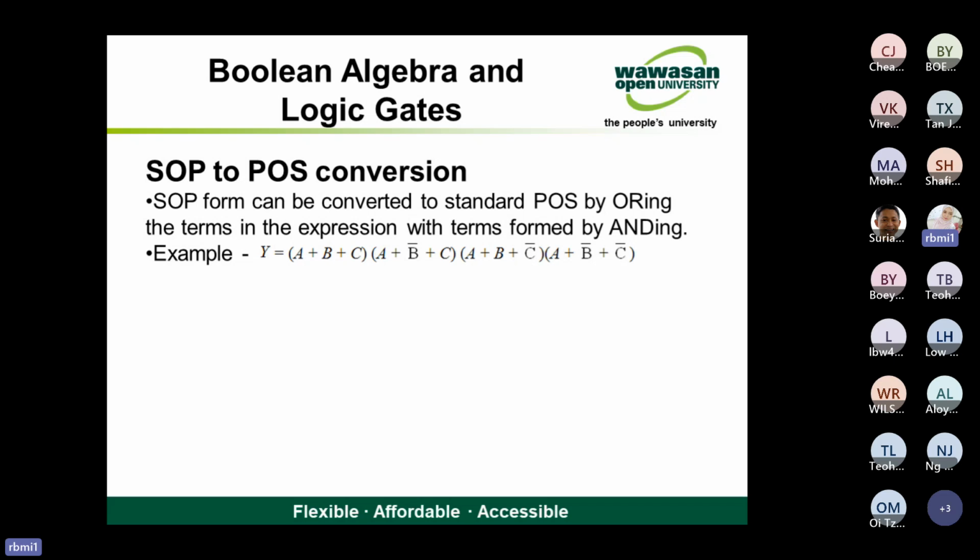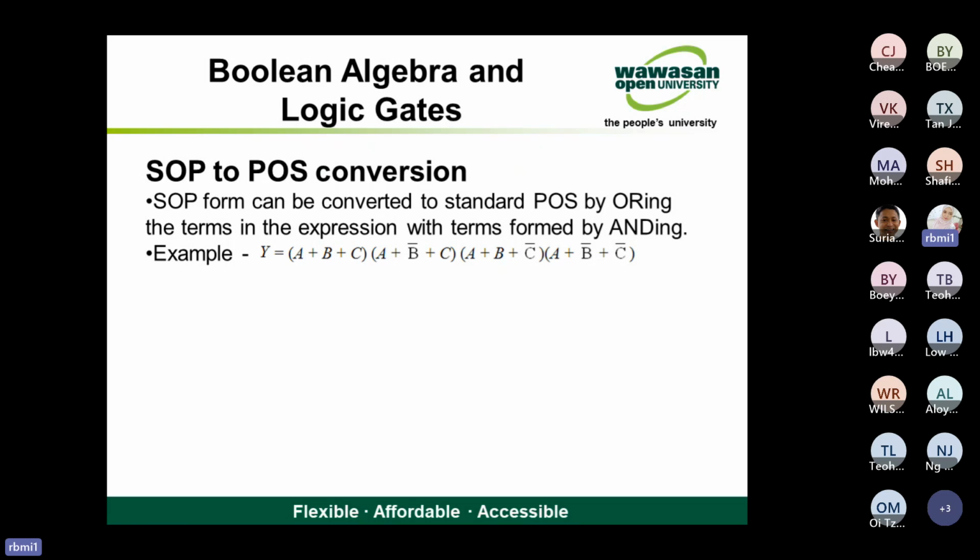Next, we want to convert from sum of product to product of sum. We can convert by using the OR gate. If we have this, we sum all and then multiply, meaning that we must have the bracketing here.